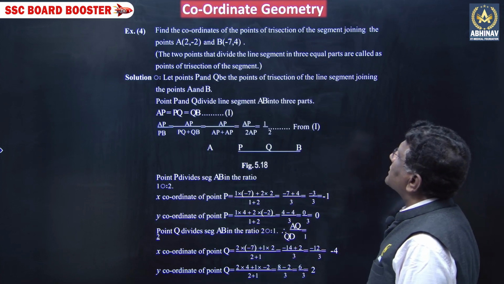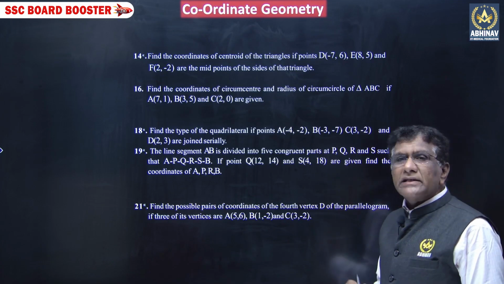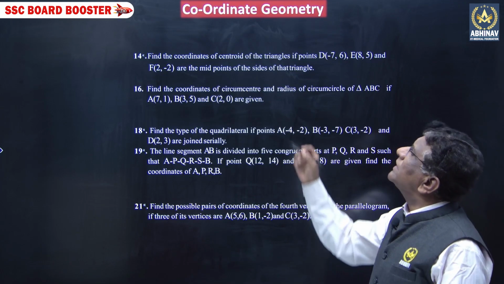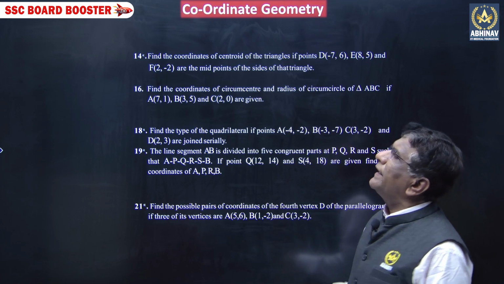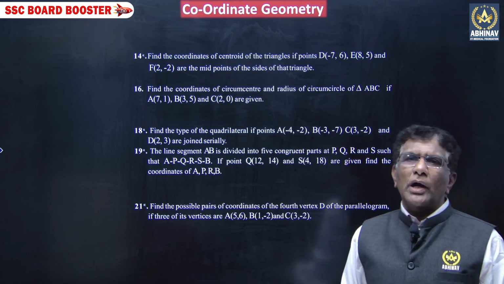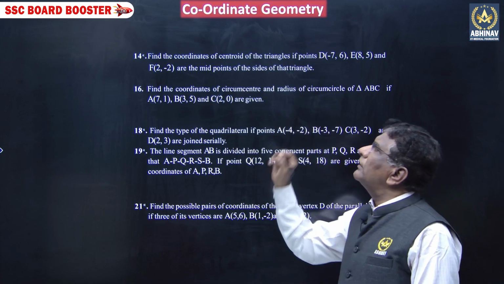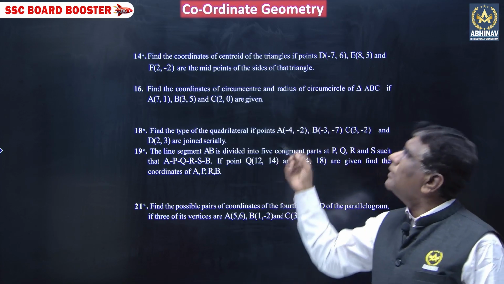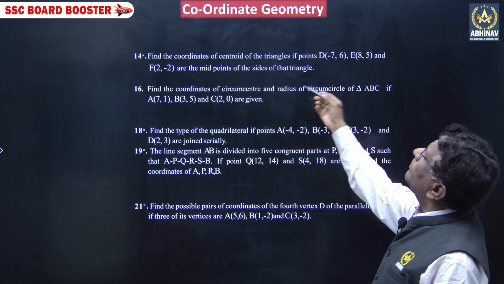Then coming to the next example, the 14th example, which is a hot example. See here, find the coordinates of the centroid of the triangle. By using the centroid formula, we have to find these particular points also.